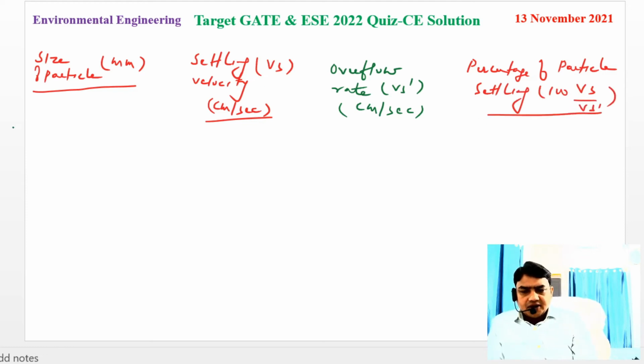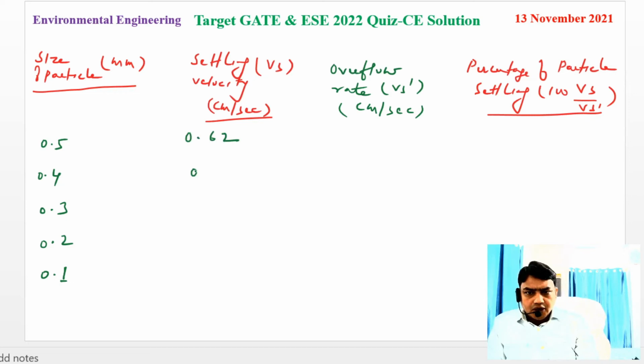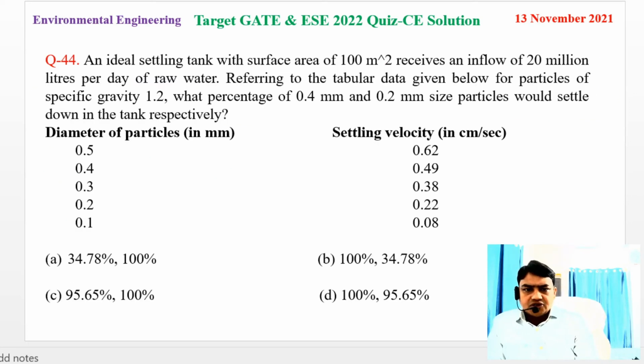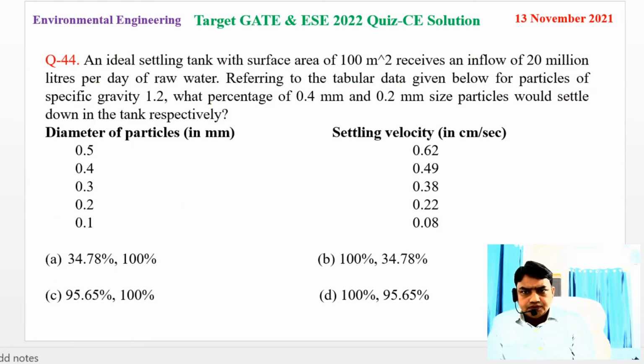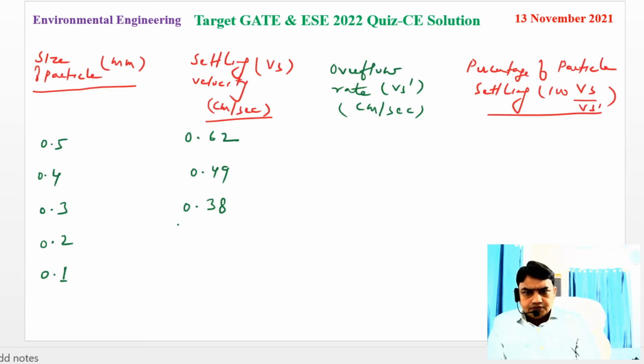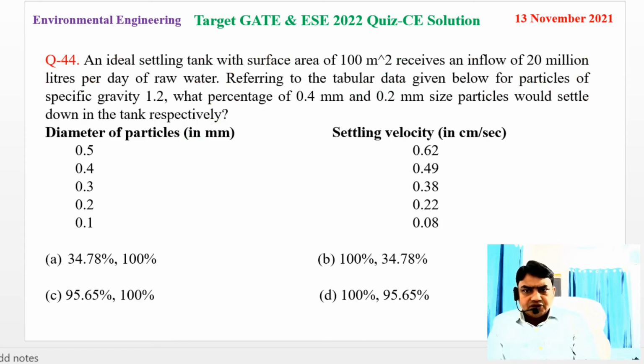So different size of the particle is given, that is 0.5 mm, 0.4 mm, 0.3 mm, 0.2 mm, and 0.1 mm. Corresponding settling velocity is 0.62, 0.49, 0.38, 0.22, and this value is 0.08.